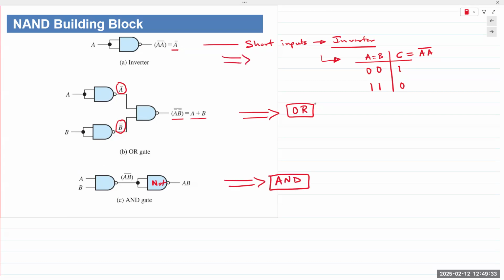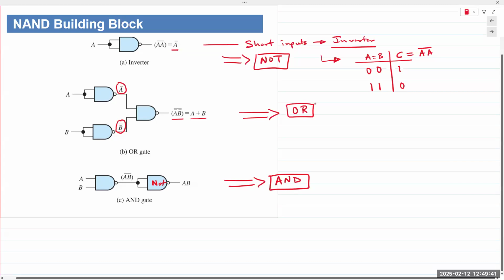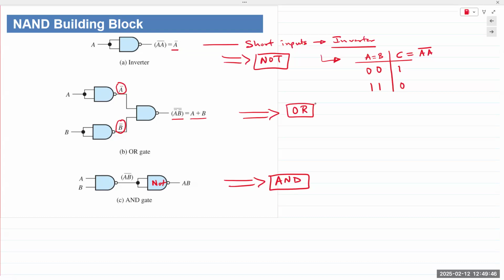This would be a NOT gate. You can implement all 3 gates AND, OR, NOT by simply using the NAND gate. Hence, it's known as a building block. You can use the NAND gate as a building block to create any other gates.